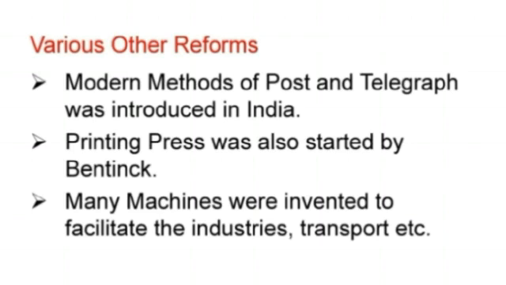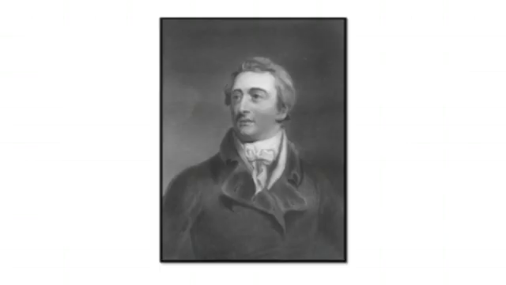It was very interesting to see that, I think, to increase the nationalist feeling, all these changes and reforms made by William Bentinck were very useful. All in all, William Bentinck was a very good Governor General as well as a great reformer for India.